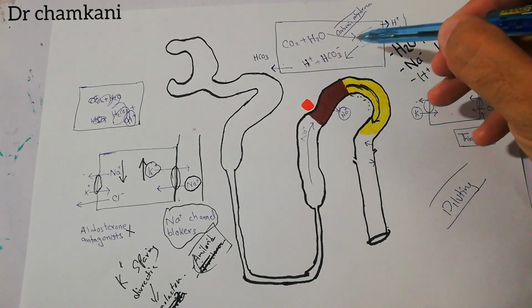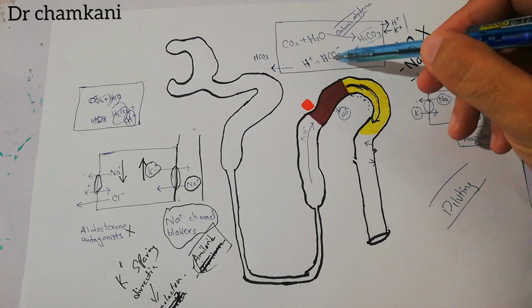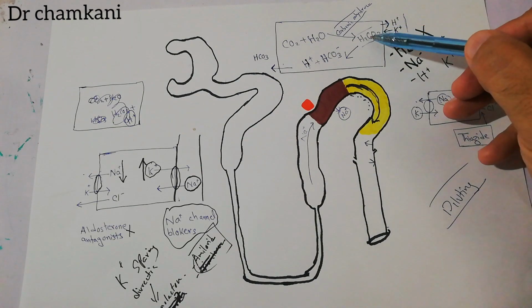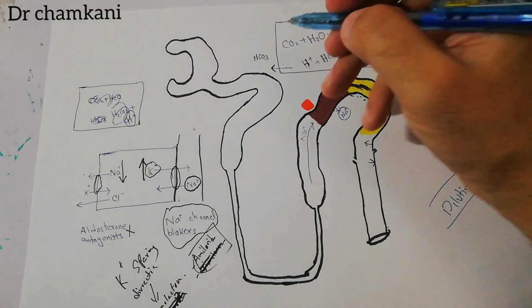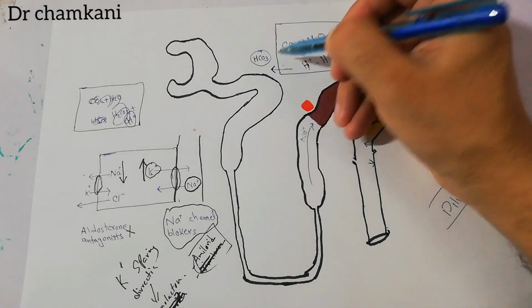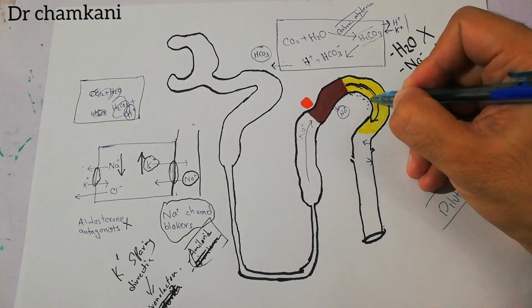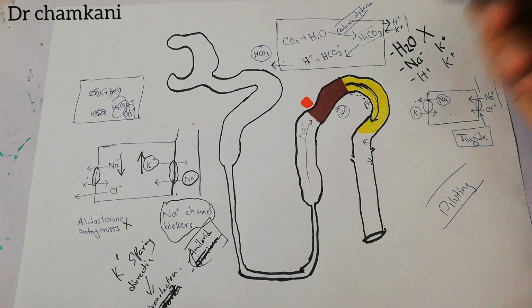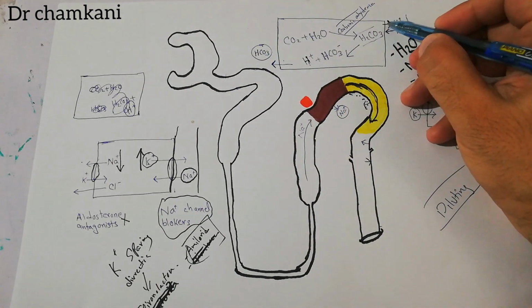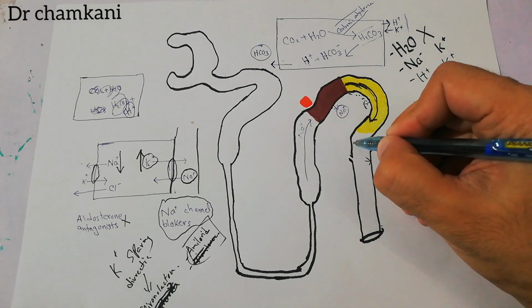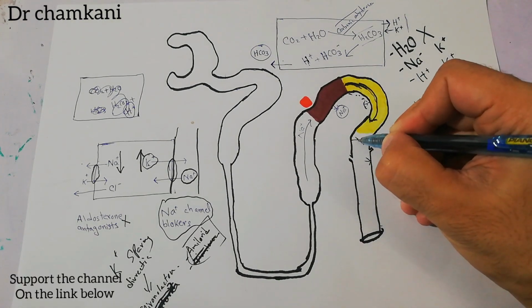This carbonic acid then splits into hydrogen ion and a bicarbonate. The bicarbonate is reabsorbed along the basolateral membrane, and the hydrogen is secreted along the luminal membrane into the tubule.